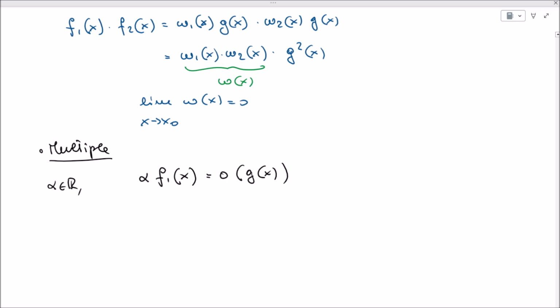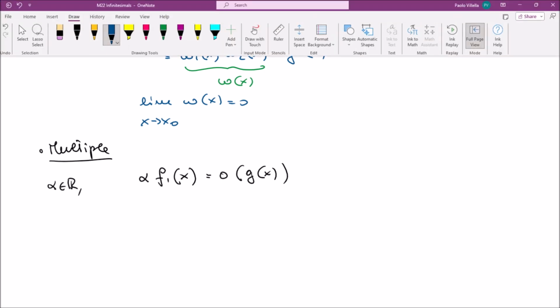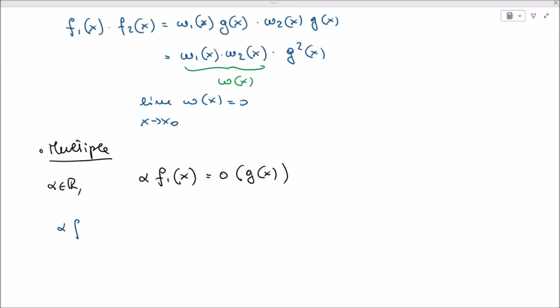Of course, all these statements are valid for x that goes to x naught. How can we prove this? Well, alpha f1 of x is equal to alpha omega 1 of x times g of x.